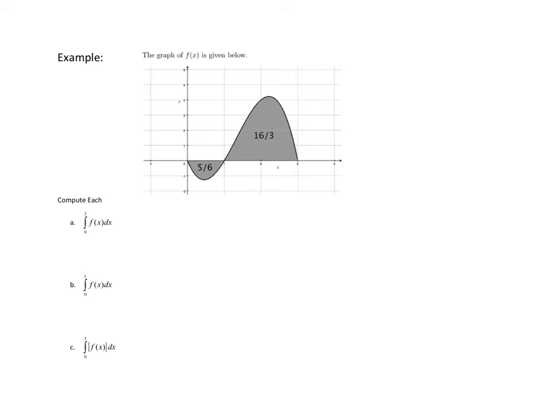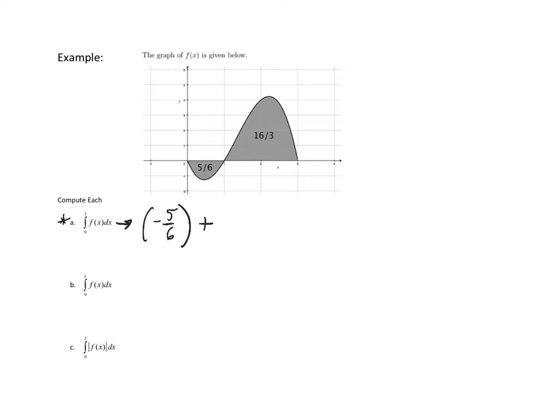So here we have a graph of f of x. We count the area above the curve positively and the area below the curve negatively. So for example A, this is telling me to compute the area underneath f of x from 0 to 3. a equals 0 and b equals 3. So from 0 to 3, I have 5 over 6 below the curve. We count that negatively, so negative 5 over 6.